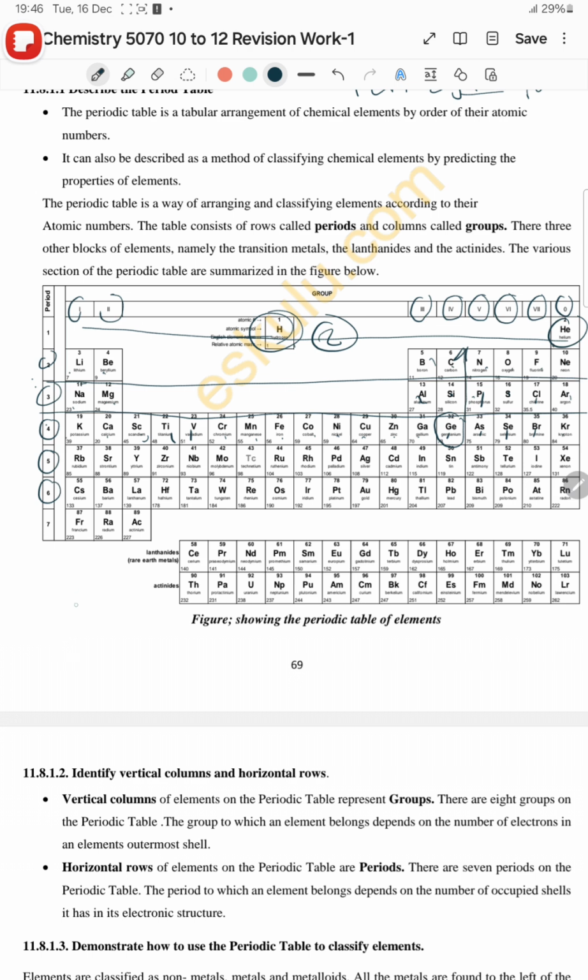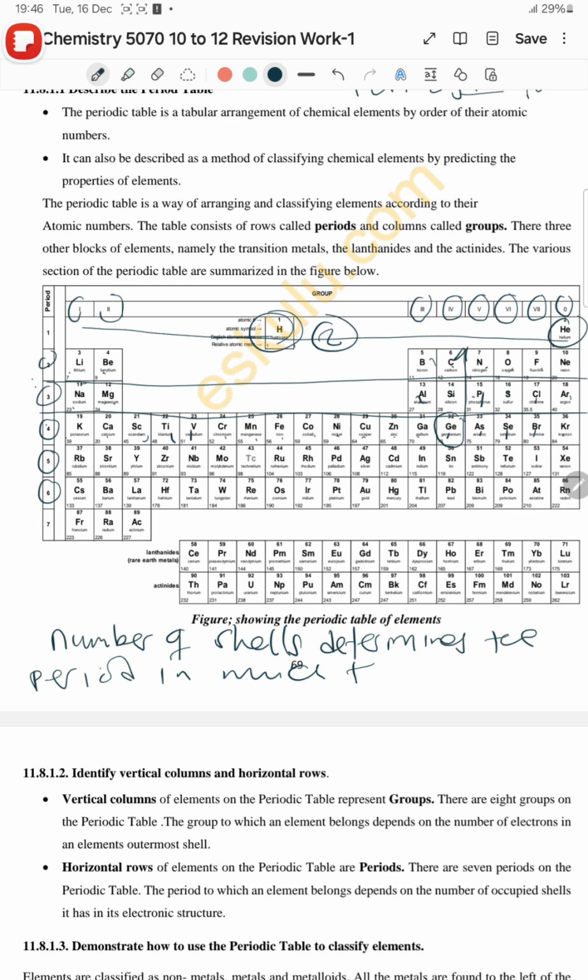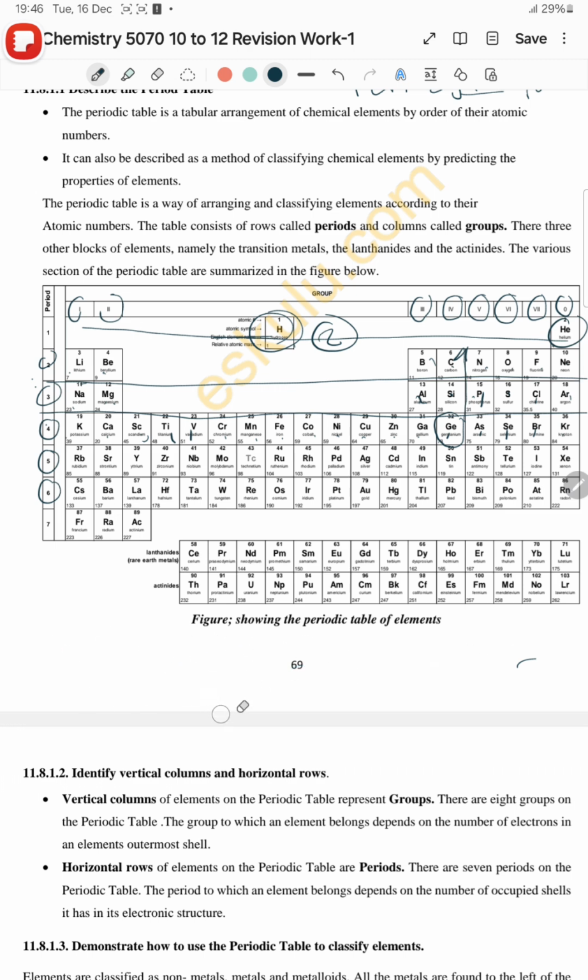So we write: the number of shells determines the period in which the element is placed. That's what we are saying. Let's see how that is true.